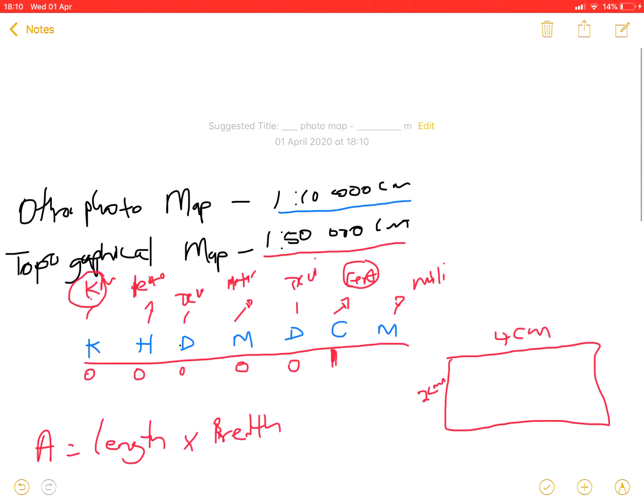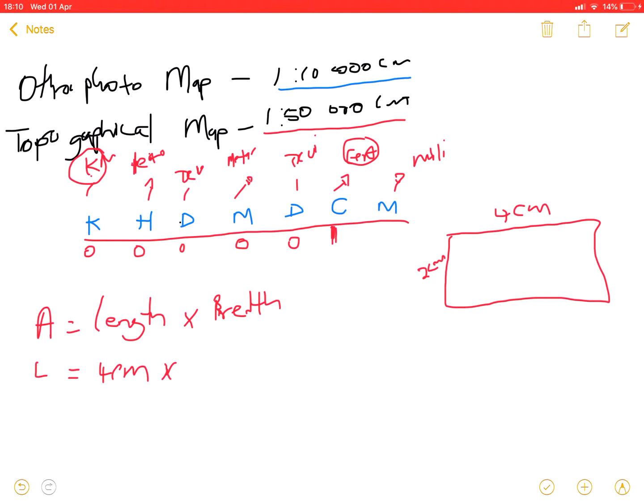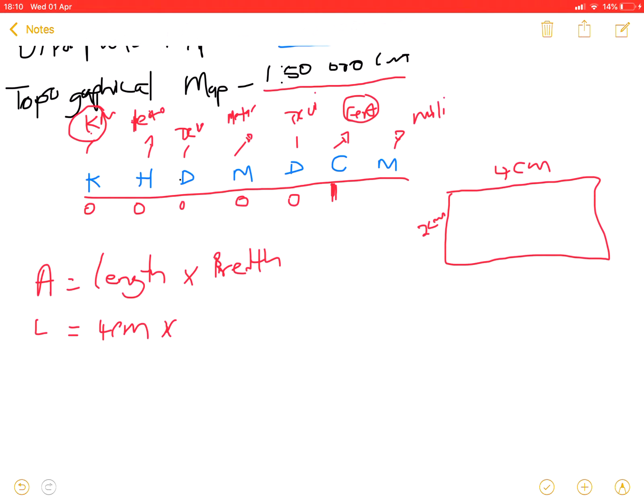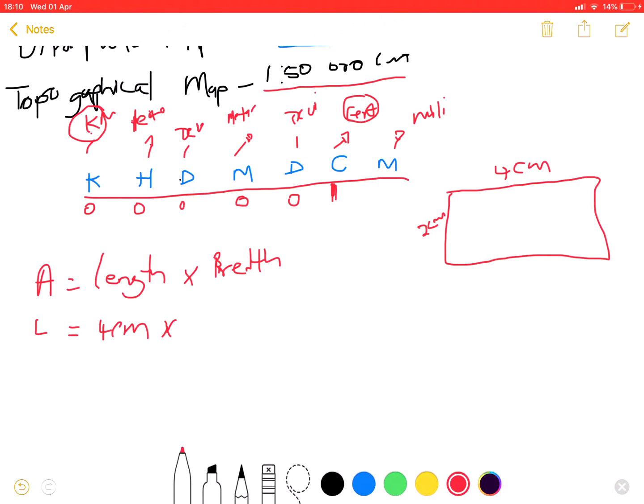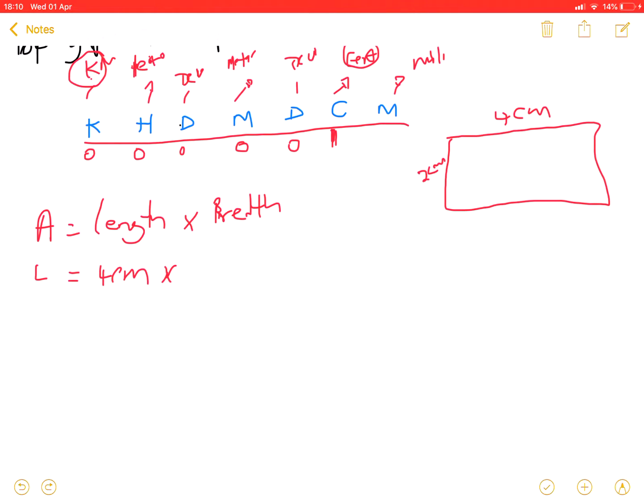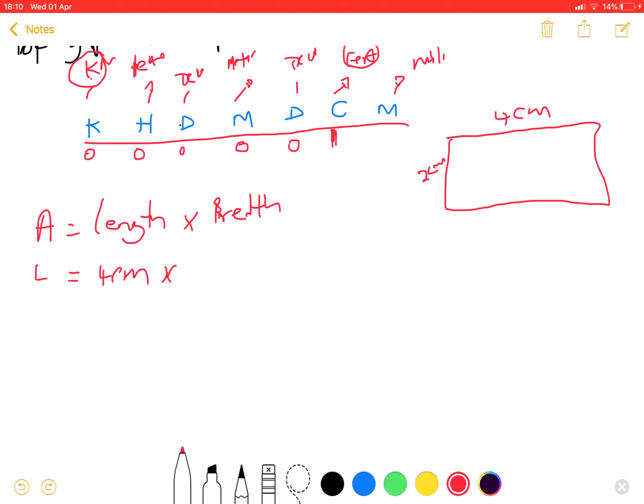All right. So what is the scale of a topographical map? The scale of a topographical map is 1:50,000, but we are being asked to calculate in kilometers. So what are we going to do to do our conversion? Let me just do our conversion here at the side of our screen.